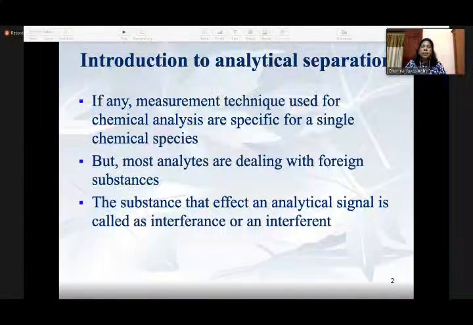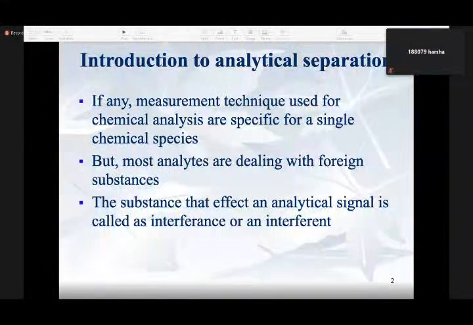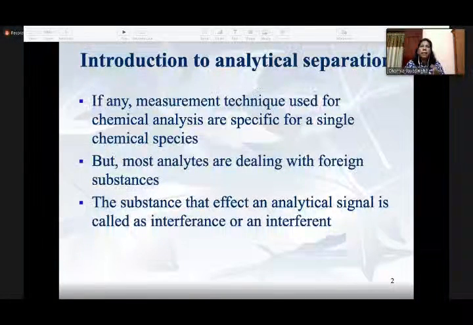But most analytes, meaning what we are going to analyze, right? What is the compound or molecular species, we call it the analyte. Most analytes are dealing with foreign substances. Most of the time, the compound we are going to analyze is not a separate unique molecule.